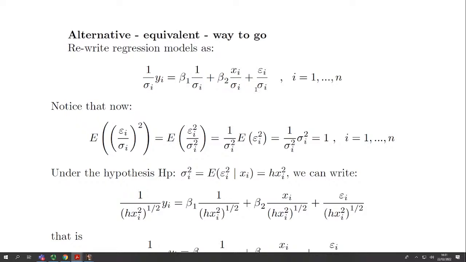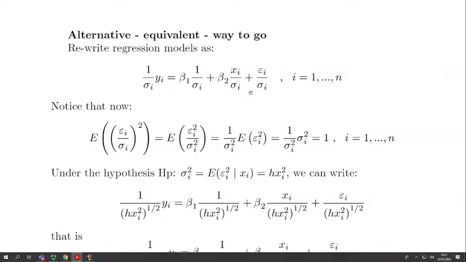The answer is the following. You should know the meaning of standardizing a random variable. It means I want the random variable to have expectation 0. So you take a random variable minus its expected value on the numerator, but for the error term the expected value is 0, so I don't put anything here.